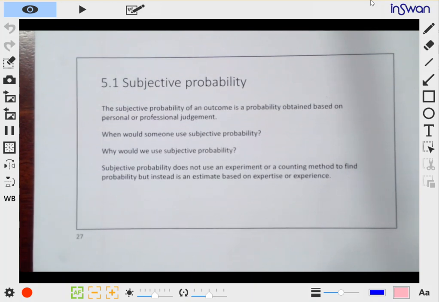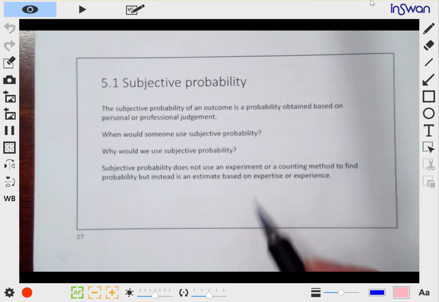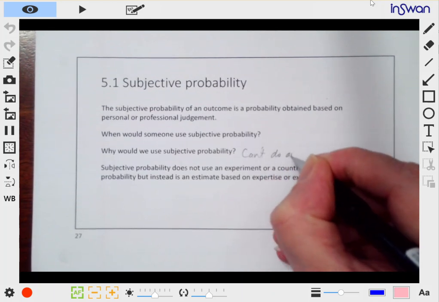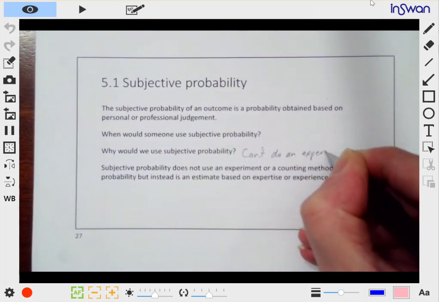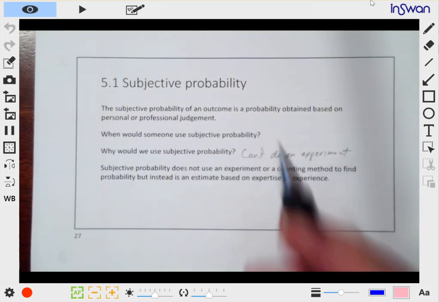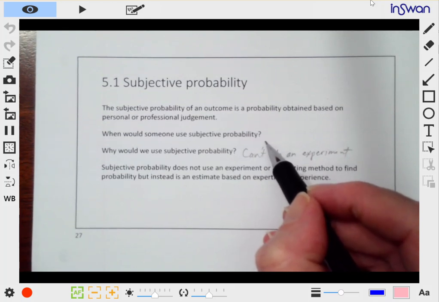Why would we use subjective probability? Basically because we can't do an experiment. And we talked about when we would use it. It's basically in cases where, again, you can't really look at the possible outcomes. You can't just collect data directly and determine the probability.